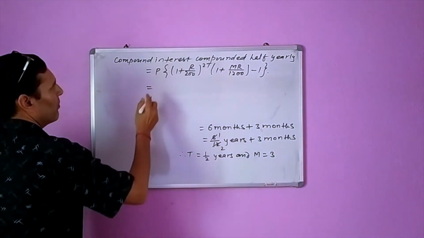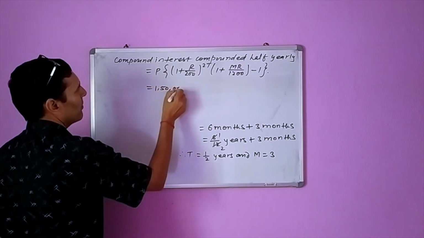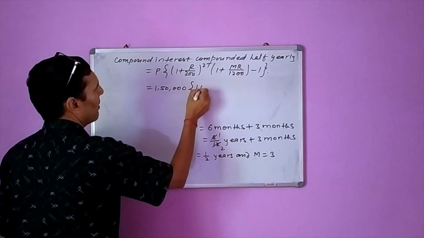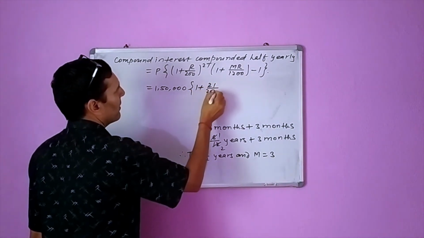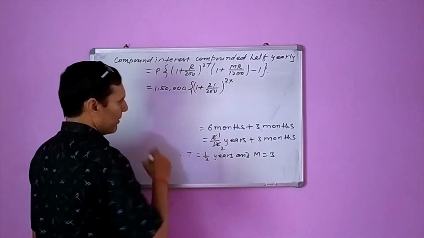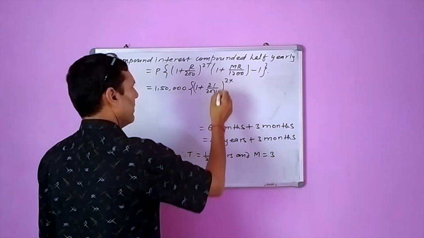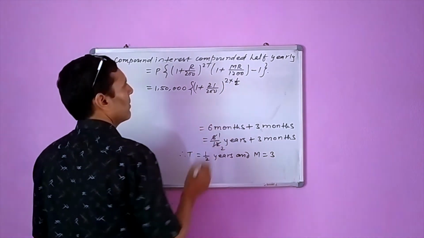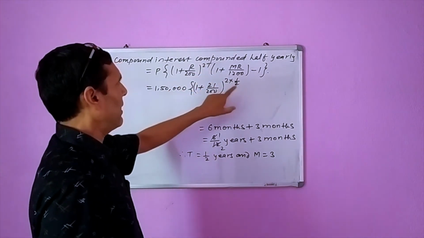the principal is 1,50,000, rate 21%, 200. So the value of T, the number of years here, is 1 by 2. So 2T is the number of half years. So 2 into 1 by 2, that is 1.